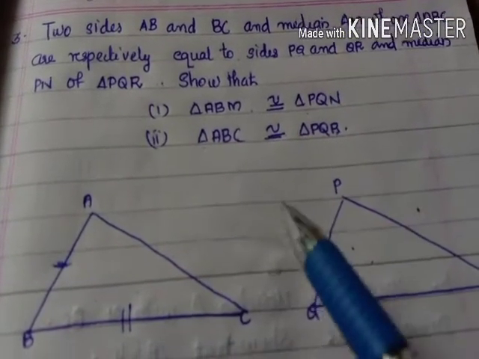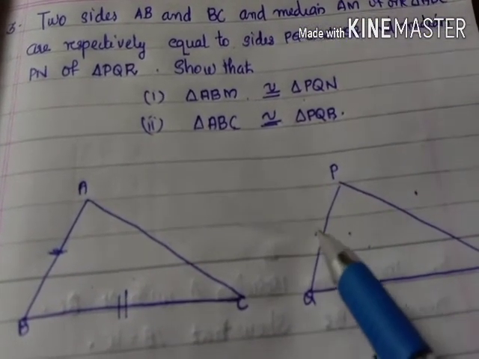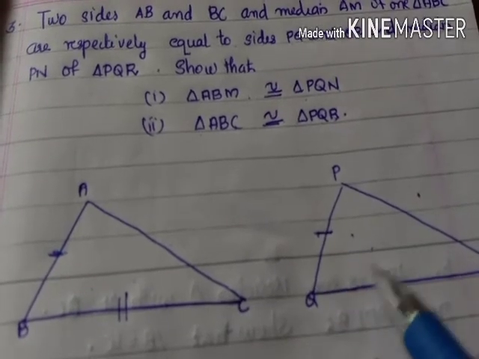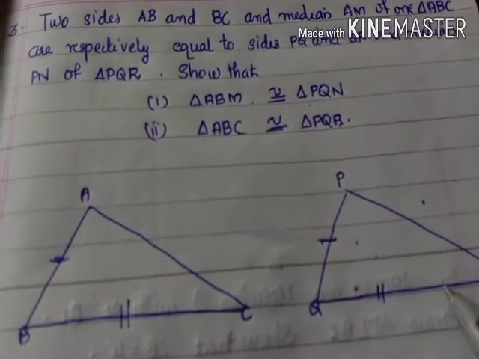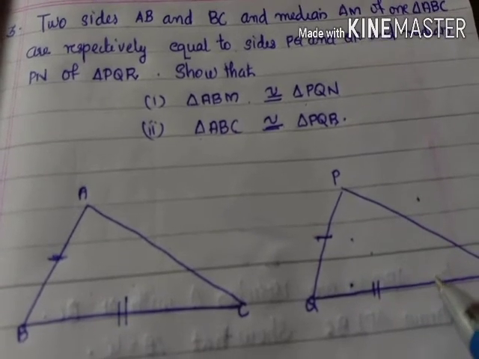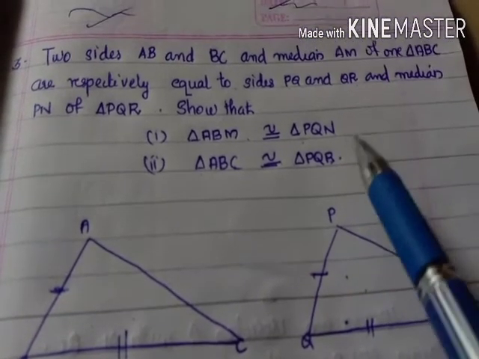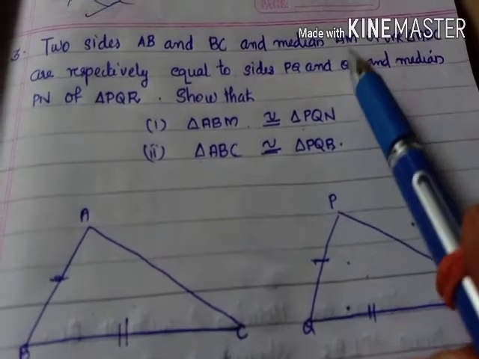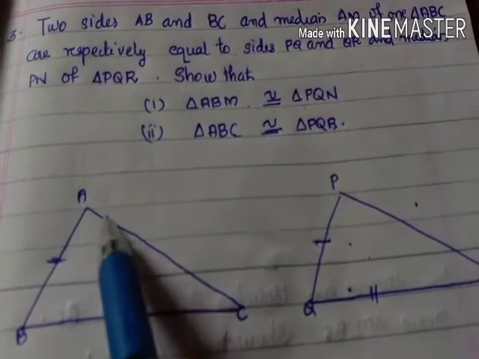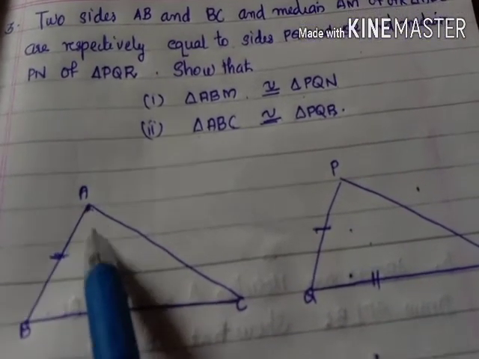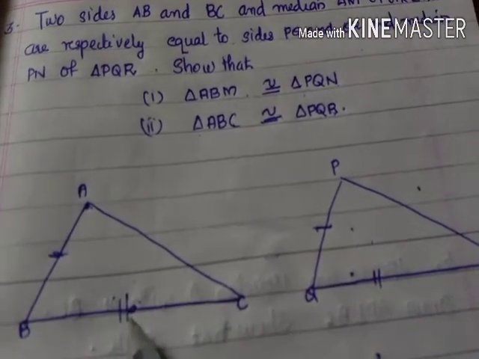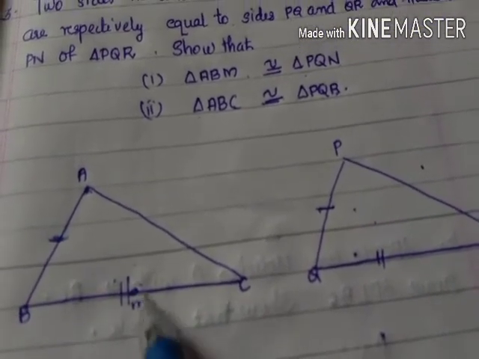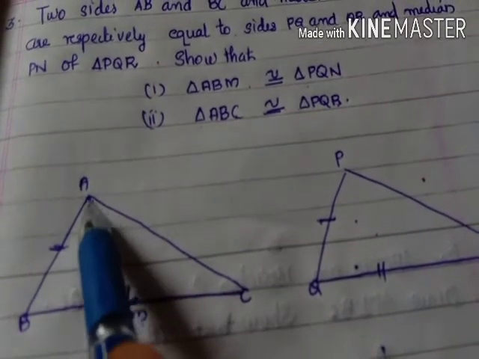That means AB side is equal to PQ and BC side is equal to QR. It's clear? Then moreover, in the question it is given that median. Okay, median we know. What is median? From any vertex, draw a line to its opposite side. That line divides the side into two equal parts. That's the meaning of median.